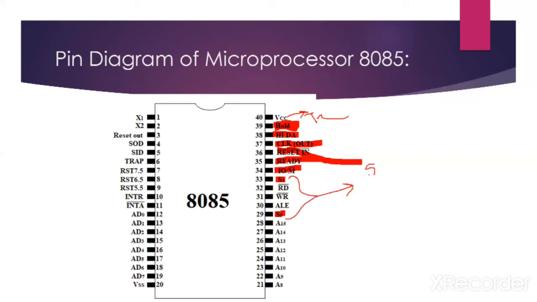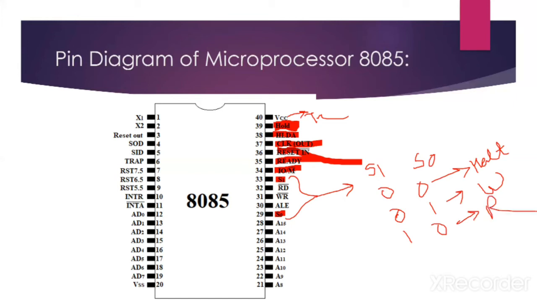Suppose S1 and S0 both are 00, then it's a halt operation. If S1 is 0 and S0 is 1, then it's a write operation. In case S1 is 1 and S0 is 0, then it's a read operation. If both are 1 1, then it's a fetch operation.